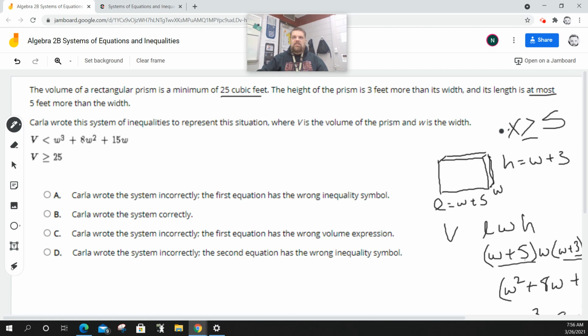At least is greater than, at most is less than. So we're really saying that this is less than this value. The length is at most 5 more than the width. So what we're saying is the length at most 5 more feet, like this.